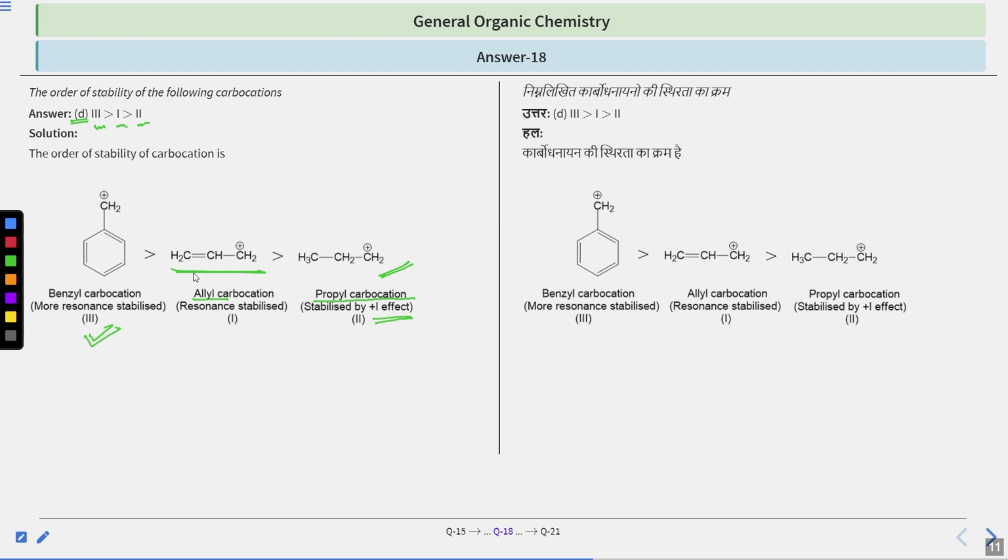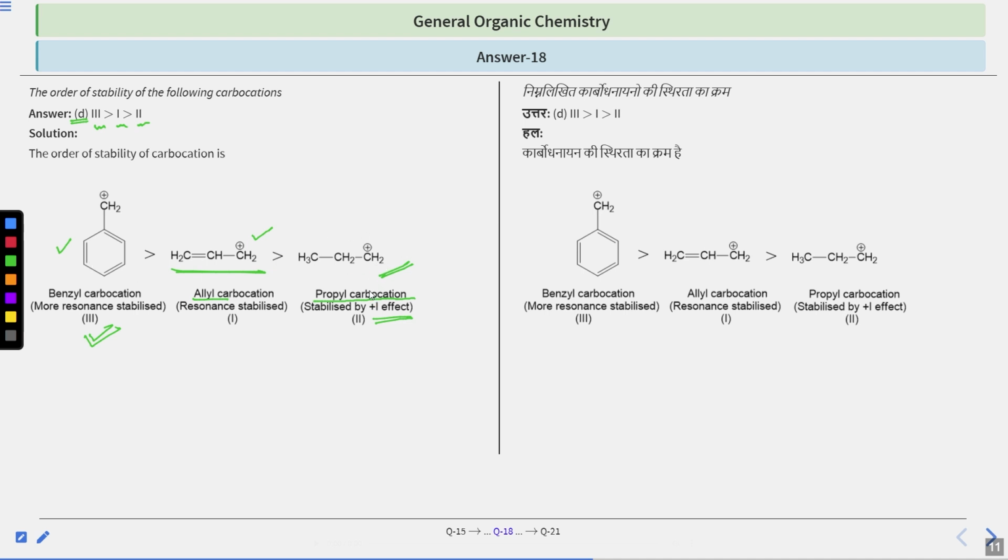This is the order of stability for the given carbocations. The most stable is the benzyl carbocation due to the strong resonance effect. Then the allyl carbocation at the second position, because the resonance effect is lesser than the benzene, but it is effective. And at the third position, we have the propyl carbocation, because no resonance will happen here, but the plus I effect is present, which is less, which we will give less priority than resonance. So it will be at third place.